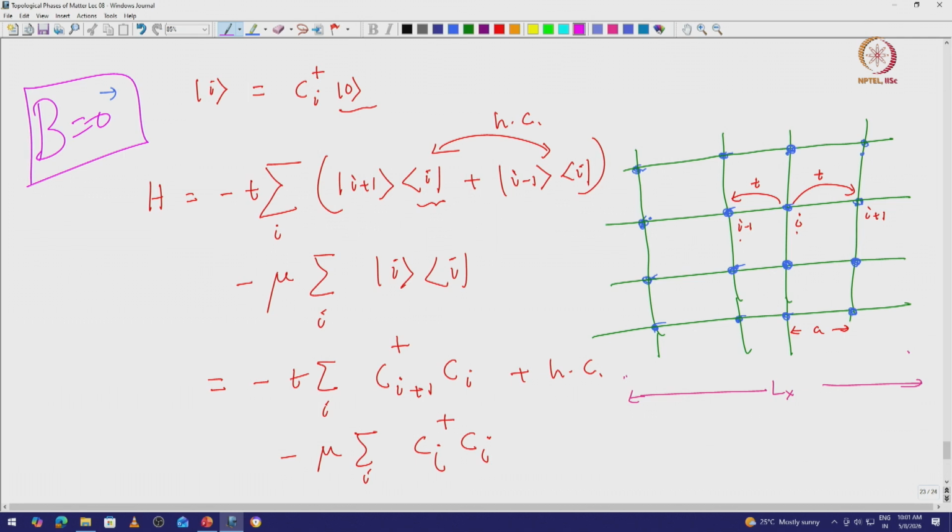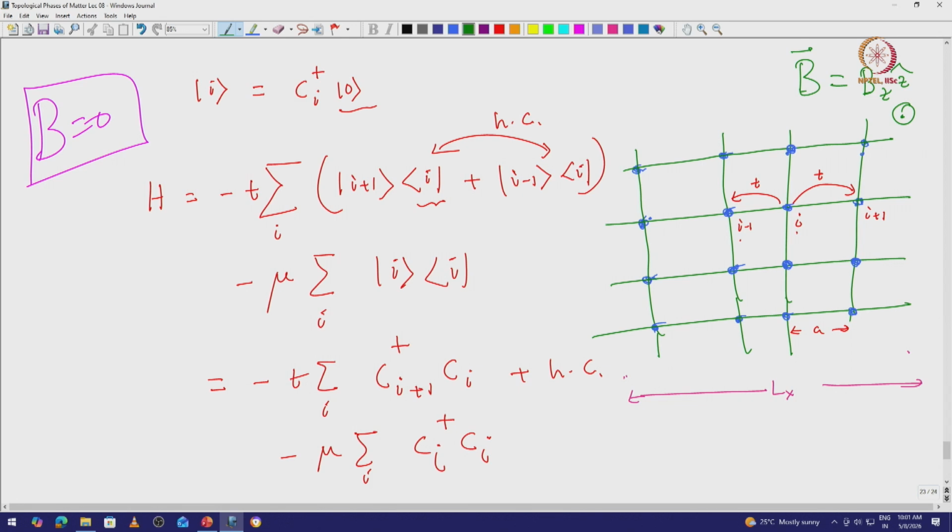Before we add the magnetic field, let me generalize this to two dimensions. There is now a magnetic field perpendicular, and this is two dimensions.